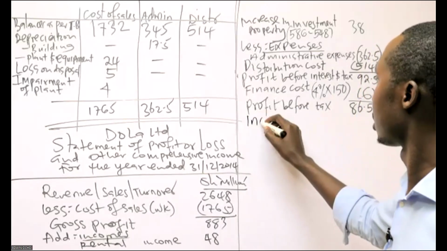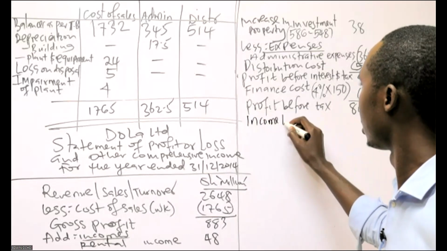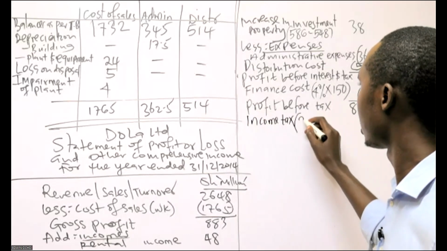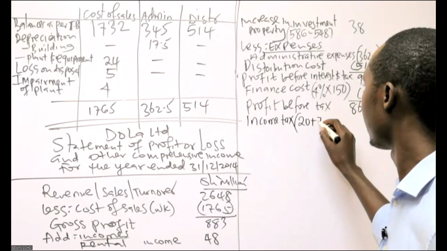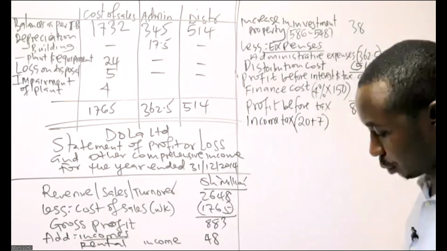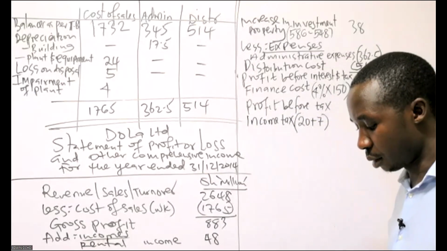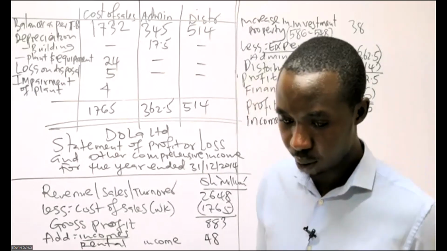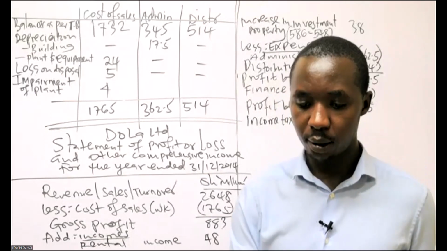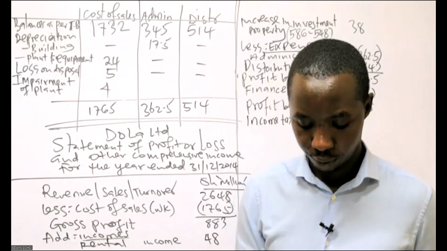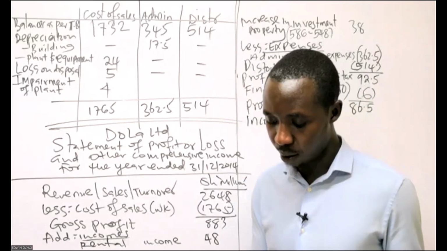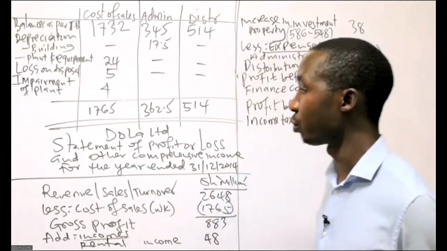Then income tax, you were told there was a current tax of 20 and a deferred tax of 7. That is additional information number 3. The income tax liability in the year was estimated to be 20. Deferred tax is provided at 7, so we have 27.